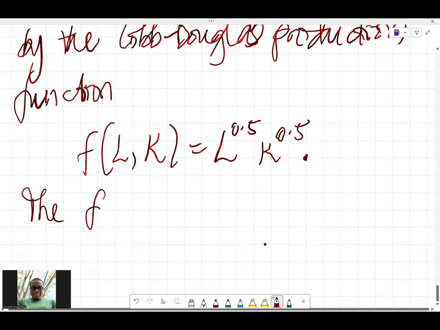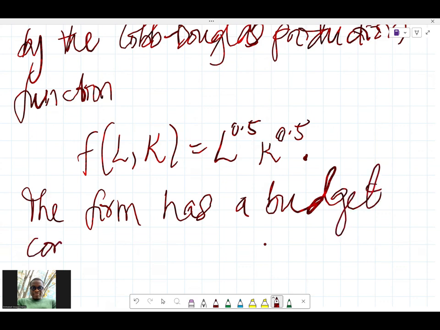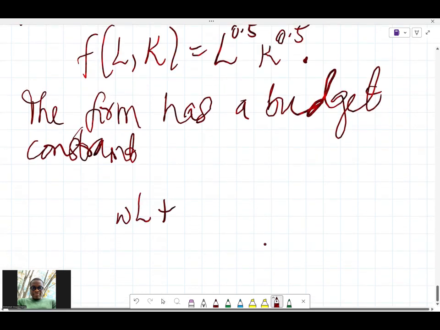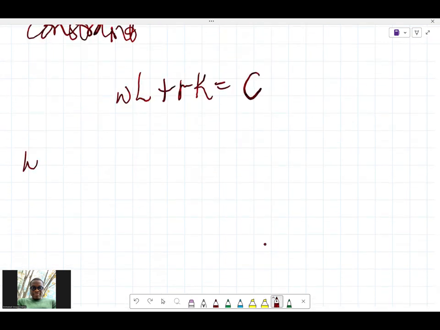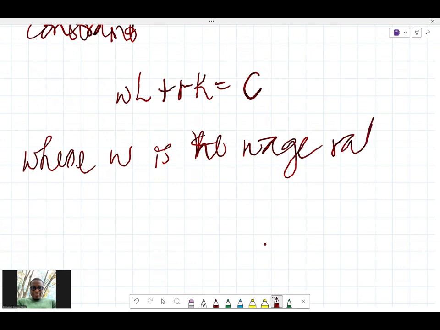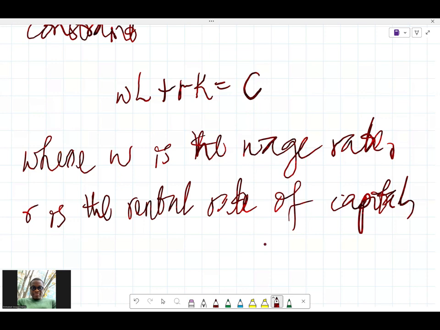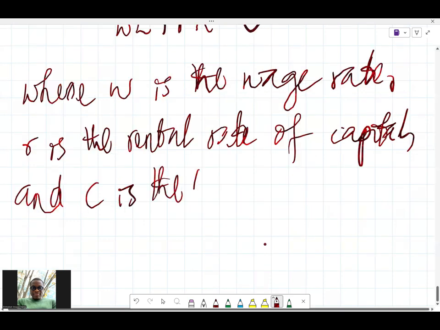The firm has a budget constraint, which is WL plus RK equals C, where W is the wage rate for labor, R is the rental rate of capital, and C is the total budget.